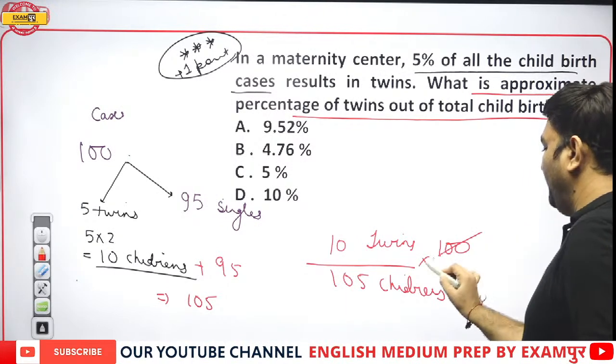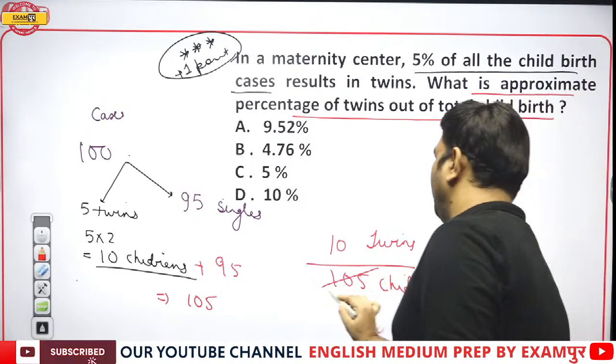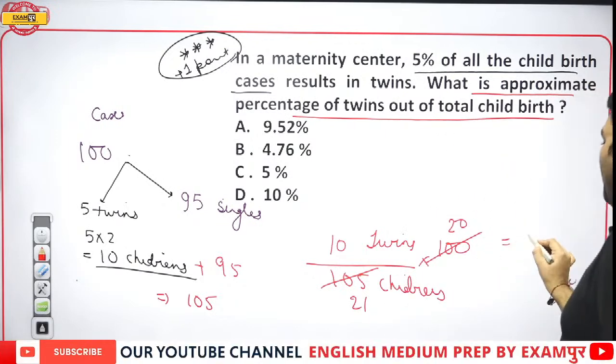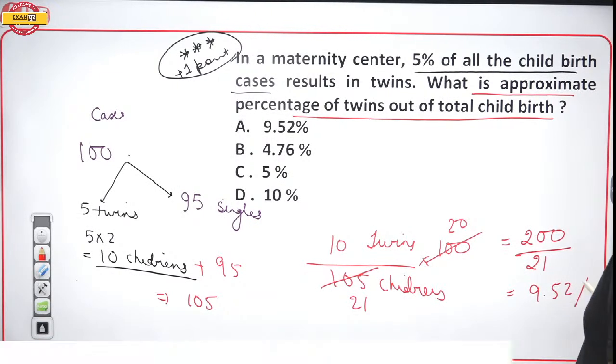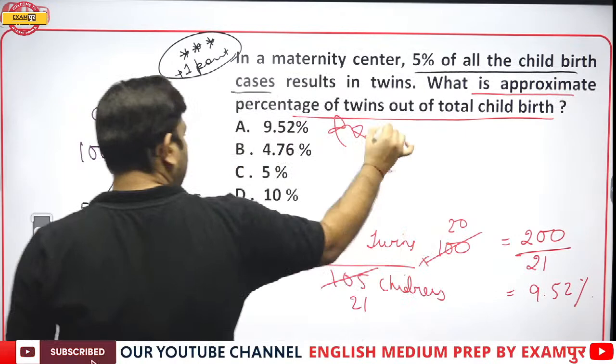That is 200 by 21, 9 point something, 9.5%. Watch out.